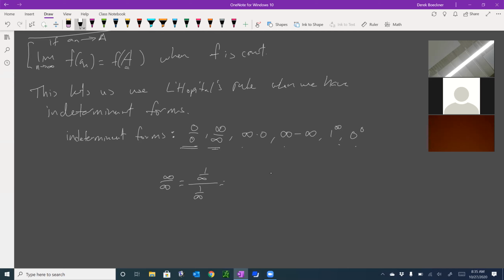And this is equal to 0 over 0, right? So that sort of process where you flip: if this is f of x and this is g of x, what you do is you write 1 over g of x over 1 over f of x. That gets me to a 0 over 0 form, but it's the same thing as f of x over g of x.